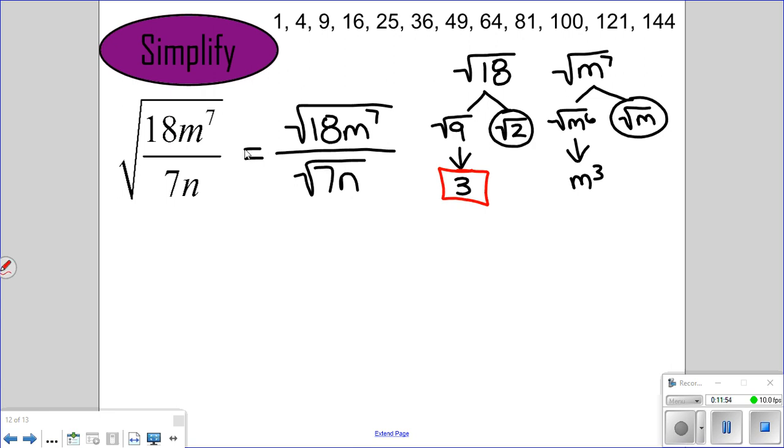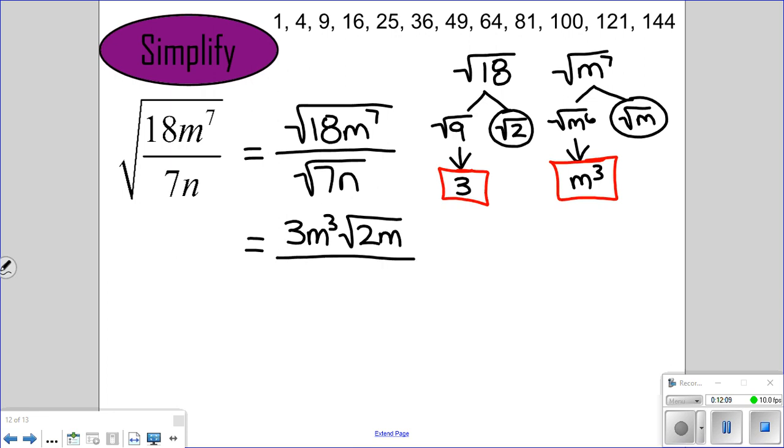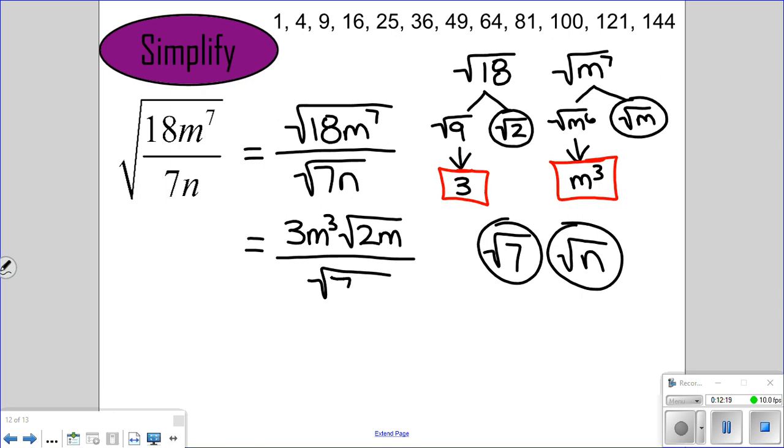So up top, we are going to have 3m to the 3rd, root 2m underneath our radical. On the bottom, that's 7n. The square root of 7, there's nothing we can do there. The square root of n, there's nothing we can do there. So we simply have to just leave it as the square root of 7n. We rationalize our denominator.